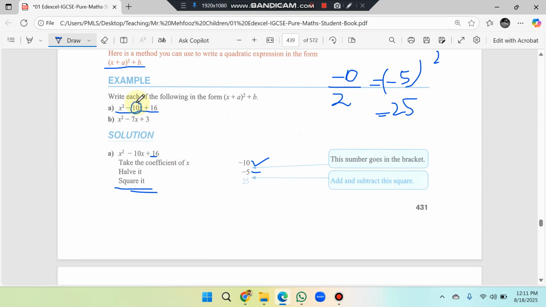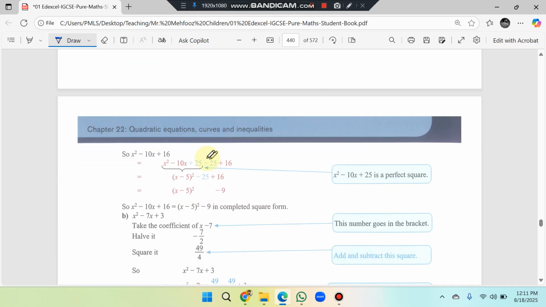First of all, we take the coefficient of x, secondly half it, and thirdly take the square of this half, and it becomes 25. Then we add and subtract this 25 in this expression. It becomes x square minus 10x plus 25 minus 25 plus 16 as it is.